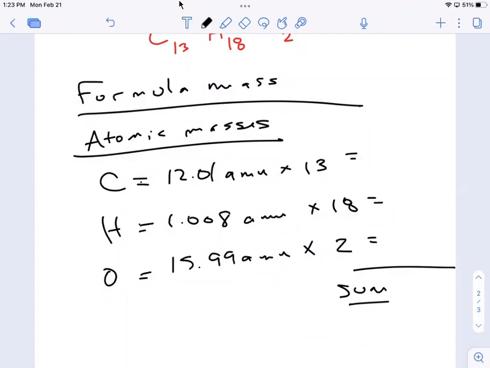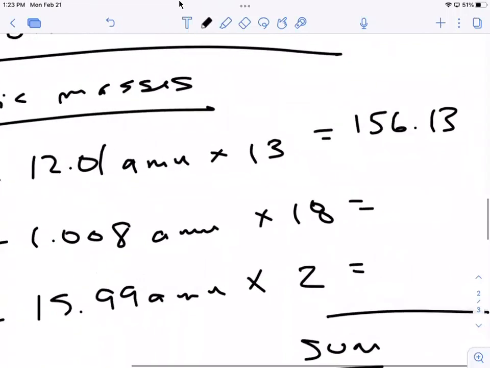All right, so 12.01 times 13 is going to be 156.13. Somebody calculate the oxygen one. And this is in AMU. And then for hydrogen, that times 18 is 18.14.